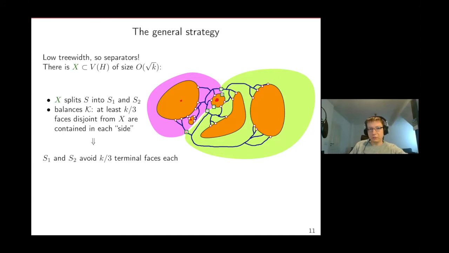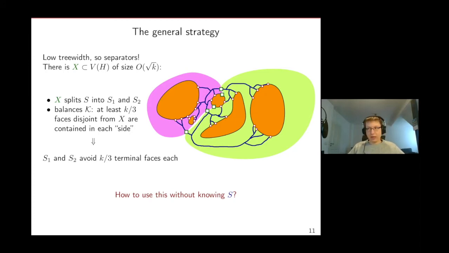And the reason why this is useful is because then I can say that the forest S1 will avoid at least k over 3 terminal faces, namely those faces that are contained in the other side of the separator. So this is super useful. Now the only question is, how are we going to use all this without knowing what the solution is?